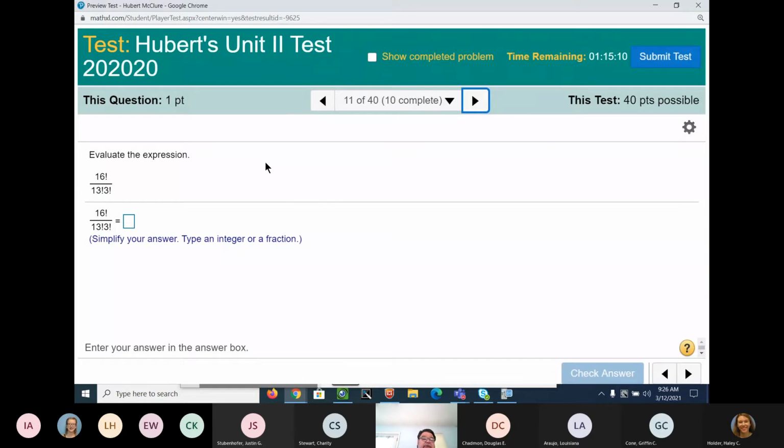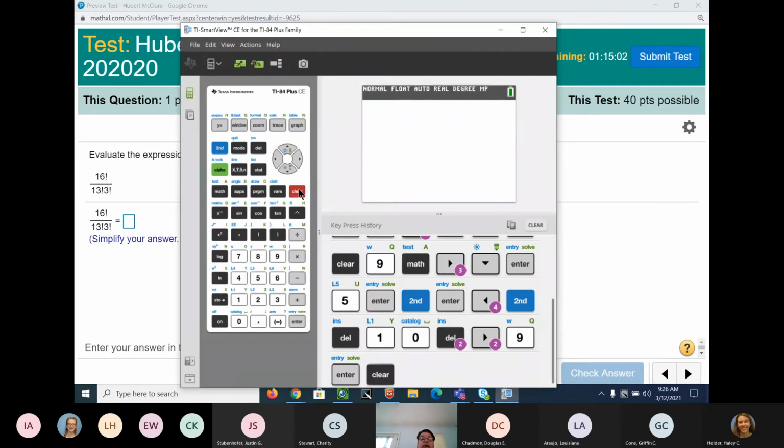Okay, this is a calculator drill. So if you want to do it on the calculator, you can. I mean, you have to do it on the calculator unless you're Rain Man.